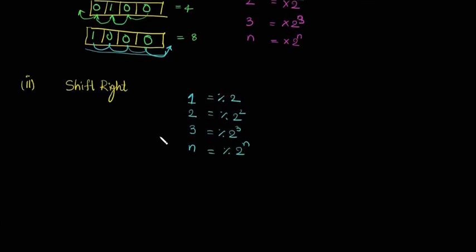Moving on to the third property. Generally, in the decimal number system, suppose we have the number 3.14. If we multiply this number by 10, what do we get? 31.4.